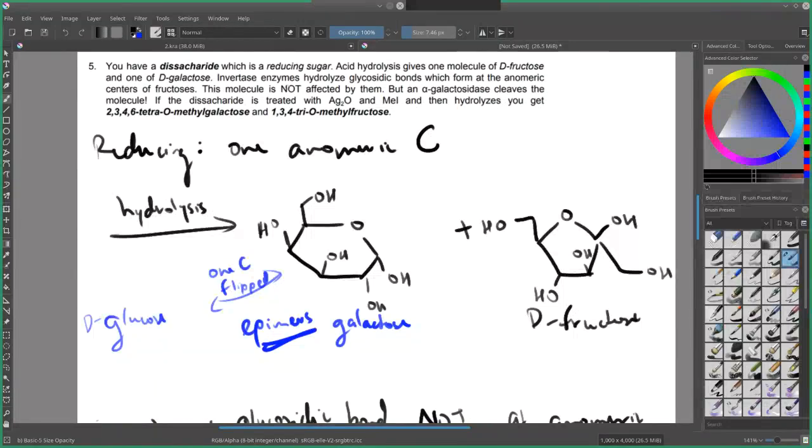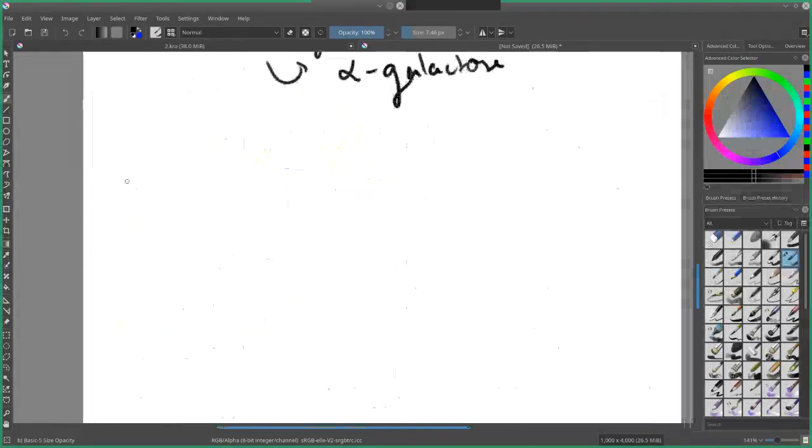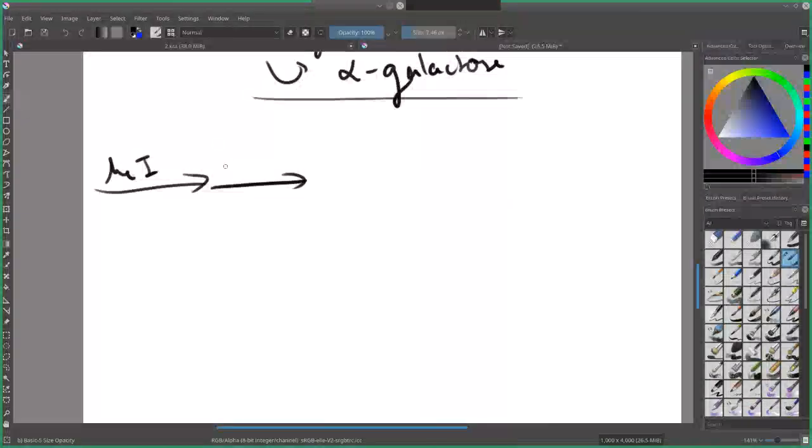All right. Disaccharide treated with silver oxide and iodomethane. And then we hydrolyze it and we get, let's see, these two things. All right, how about I draw these out? So methylation and then hydrolysis will get you, let's see.